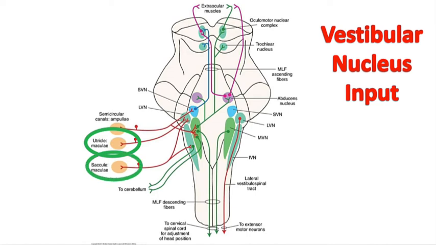And then the saccule sends its information, again linear acceleration, to the lateral vestibular nucleus and to the inferior vestibular nucleus. We're going to come back to the output in just a moment.